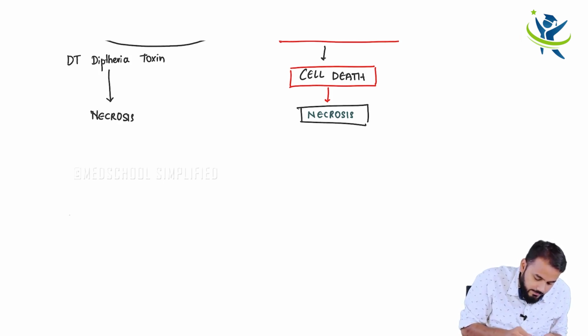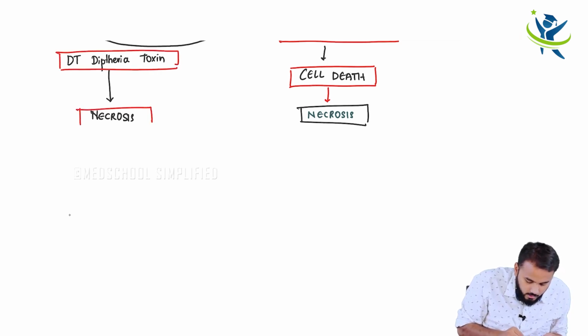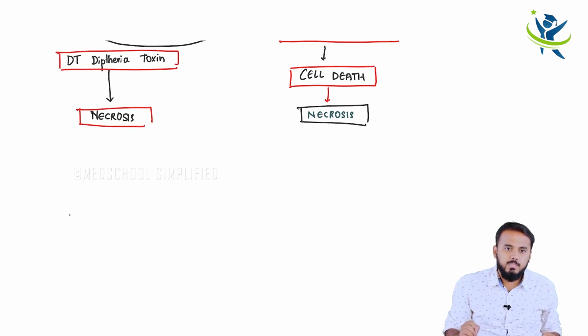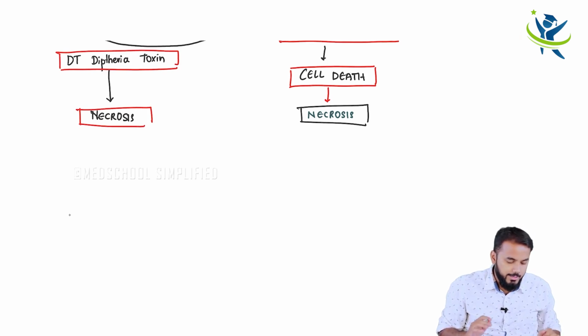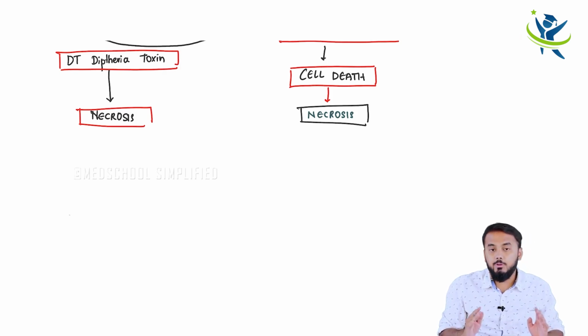Can I give a final statement that diphtheria exotoxin causes necrosis of your tissues? Simple thing. Did you understand this? I hope yes. Now, this is the basic thing that is happening in you and me when we are affected with diphtheria. This is the basic pathogenesis which you have to remember.